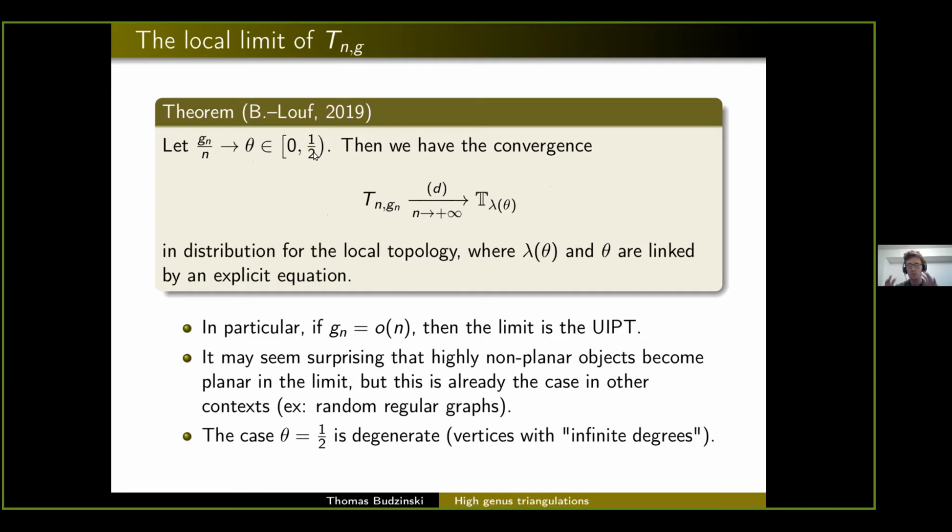And as we could see in the formula for the average degree, if theta is equal to 1/2, the average degree actually blows up. Which means that this case is actually quite degenerate. There cannot be any local limit, because if we had one, it would have to be a degenerate object where the vertices would have an infinite degree.